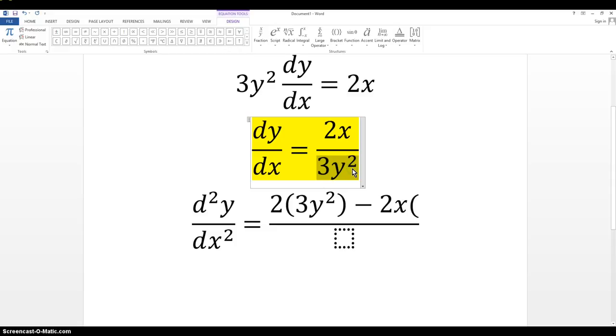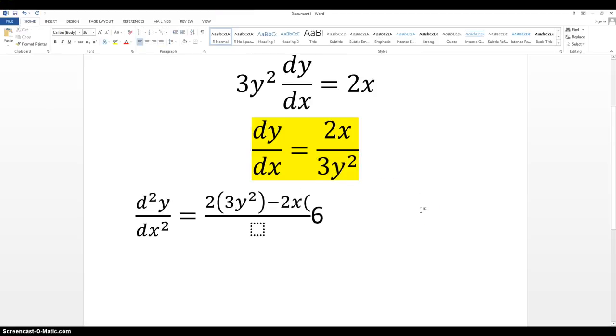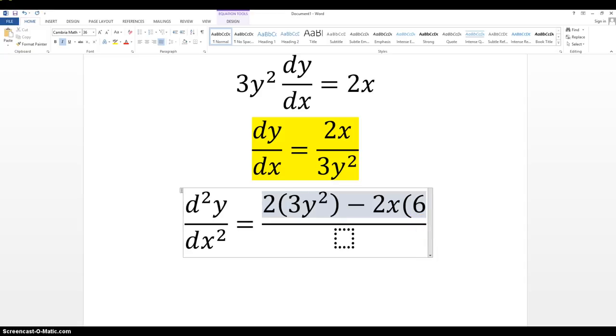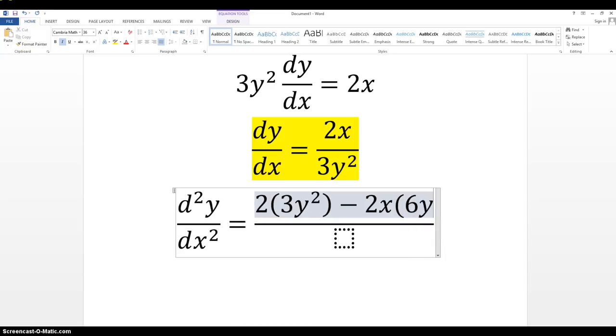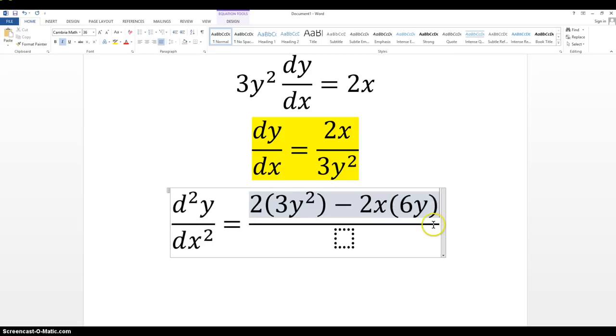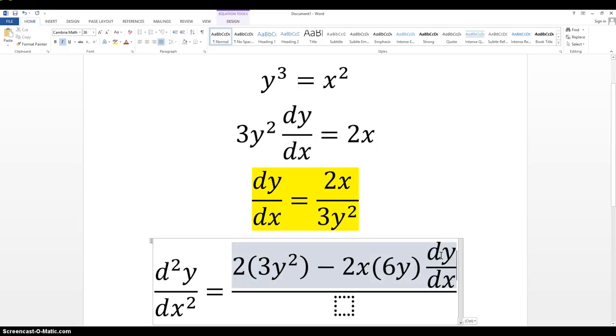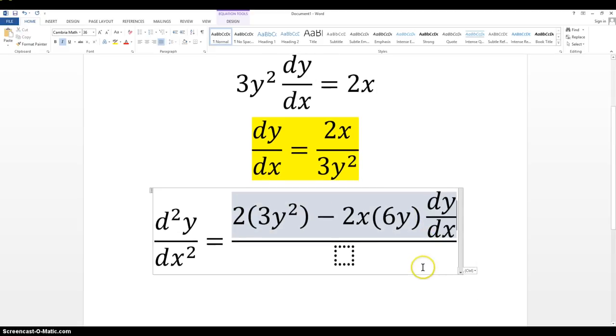What's the derivative of 3y squared? Well, if we do the power rule, we got to bring that 2 to the front, so that'll be 3 times 2, which is 6. Then the expression to the one less power, which is y, times the derivative of what's being raised to the power, and we all know that the derivative of y is simply dy dx.